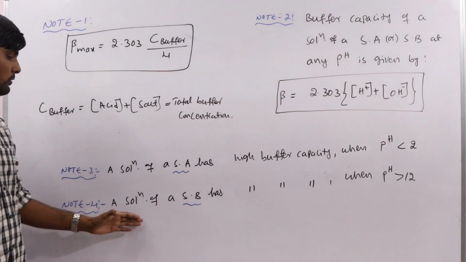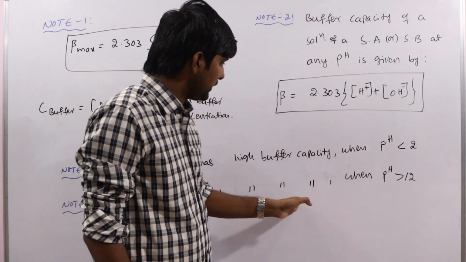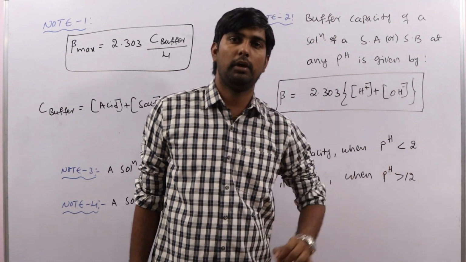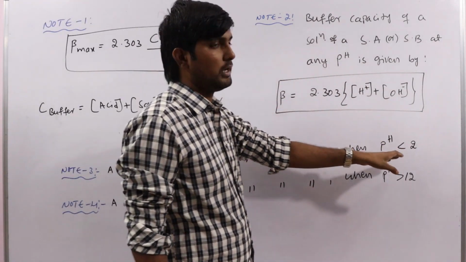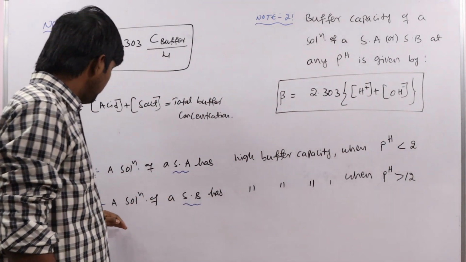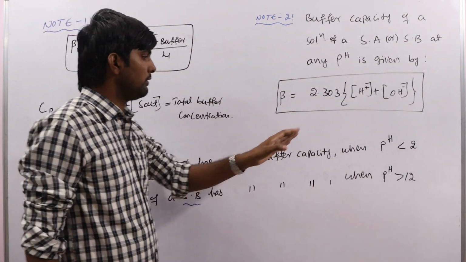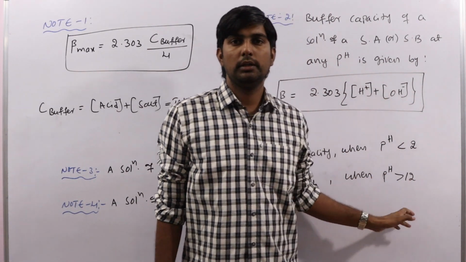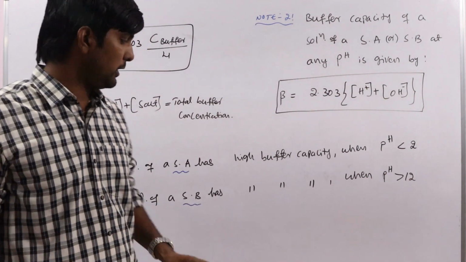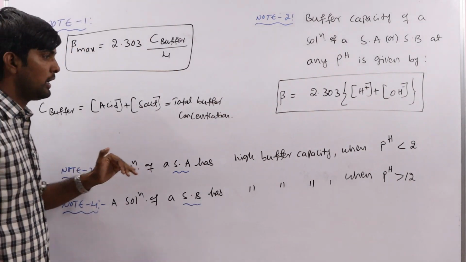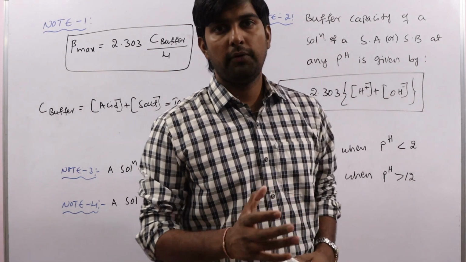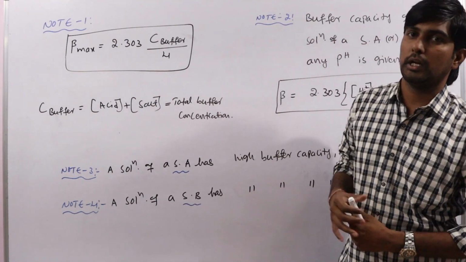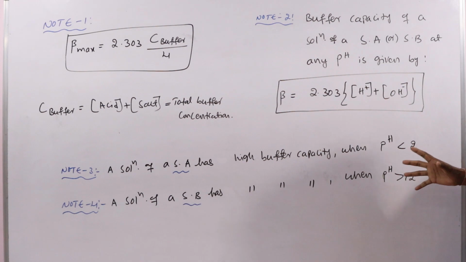A solution of a strong base has a high buffer capacity when pH is greater than 12. In these cases the respective solution shows higher buffer capacities. So this is about buffer capacity and buffer range, and these are the special cases.